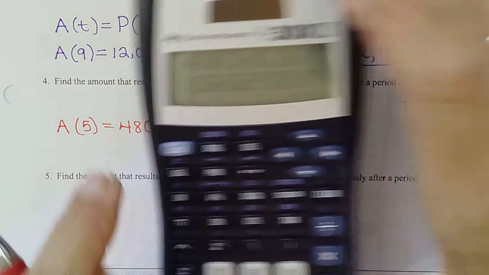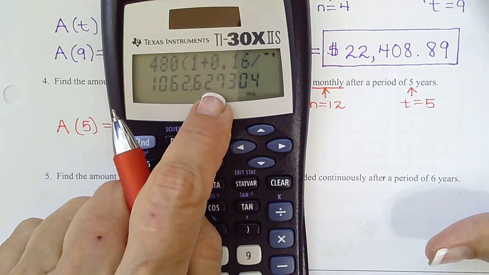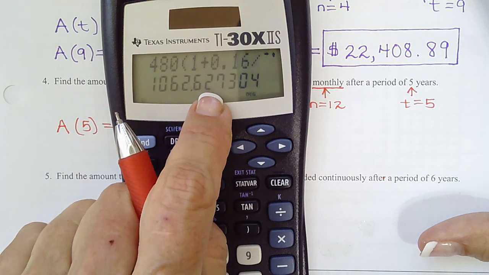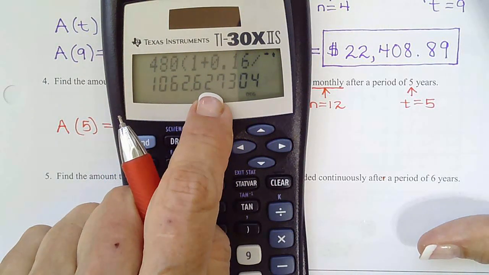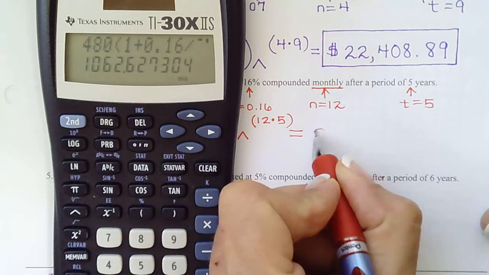So we have $1,062 and our cents, 2 is followed by a 7, so that makes it 3. So $1,062.63 with the dollar sign.